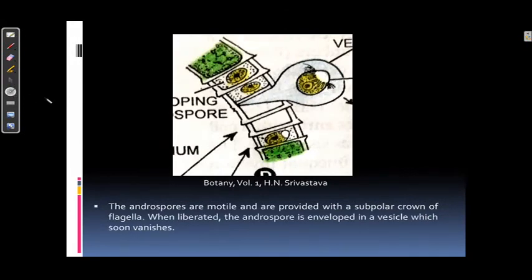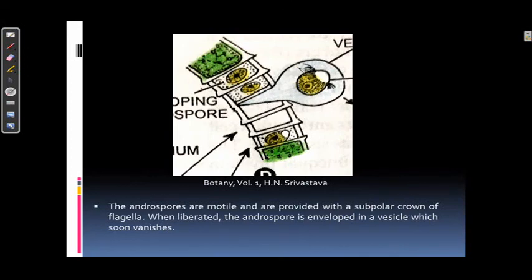The androspores are singly formed, meaning in each androsporangium, the single nucleus along with the protoplasm changes into a single androspore, which is motile because of the presence of a ring of flagella towards its anterior end.